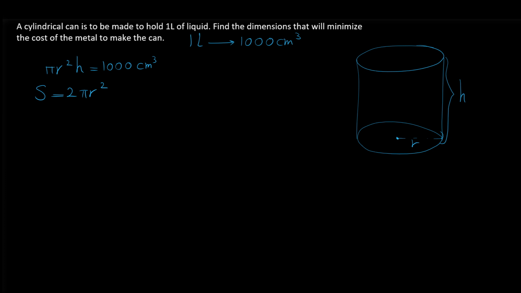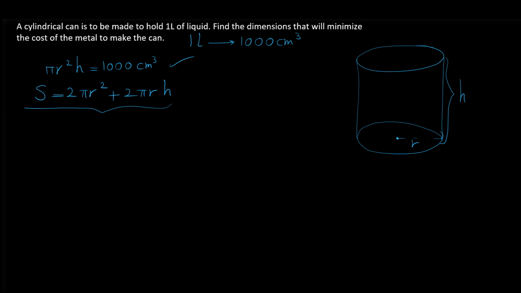The lateral area of the can, the area of the side of the can, is 2 pi r, the perimeter of the circle, times the height of the can. So we want to minimize this function with this constraint.